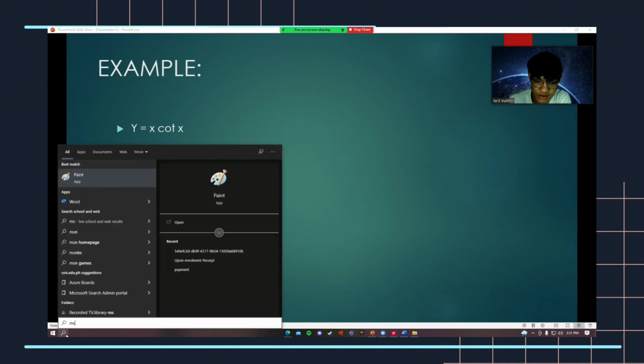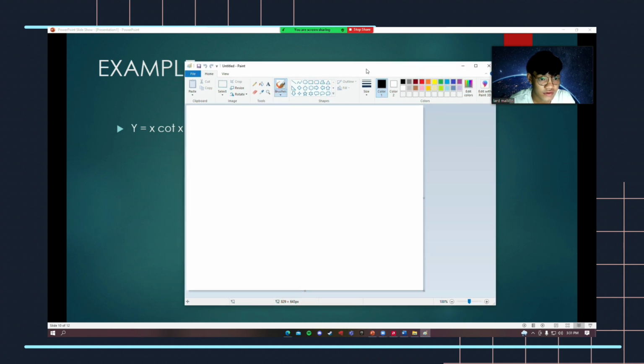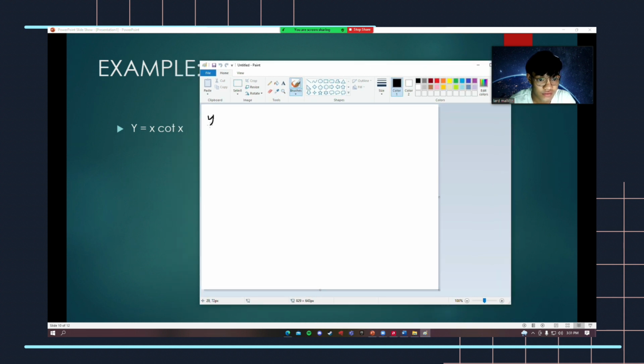Wait, I'll just get my MS Paint. y equals x cotangent x. Since we have two functions, we will use the product rule: y prime equals u times the derivative of v plus v times the derivative of u.